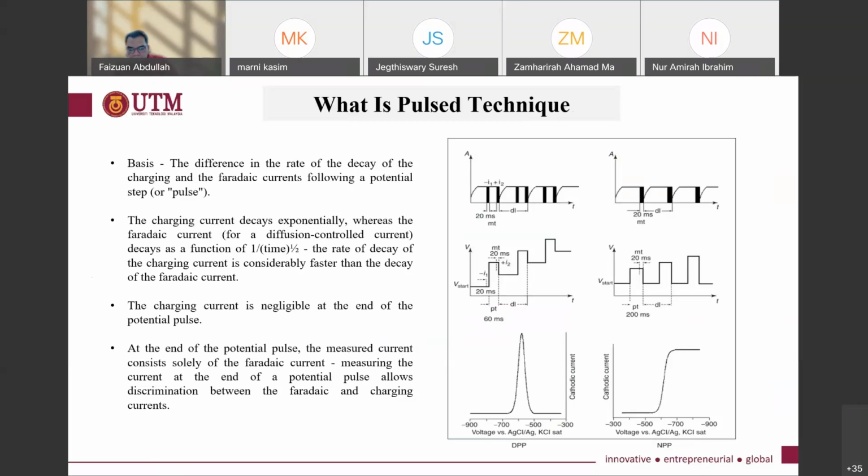So the charging current is negligible at the end of the potential pulse. Therefore, at the end of the potential pulse, the measured current consists solely of the faradic current, that is, measuring the current at the end of a potential pulse allows discrimination between the faradic and charging currents.